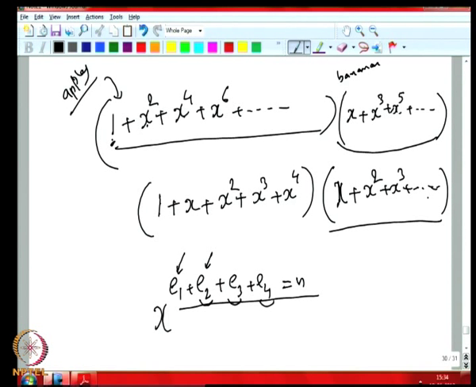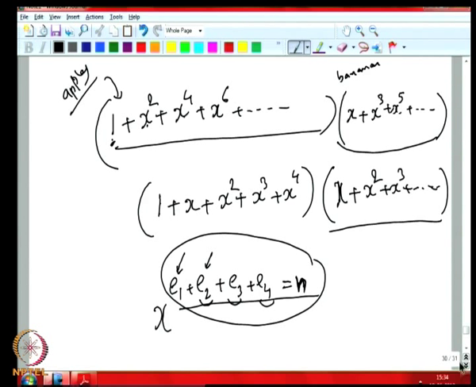This is the trick. How many ways you can form it will be easily obtained if we consider the coefficient of x raised to n in the product. This is the number of solutions of this equation which satisfies the required conditions, and to evaluate the coefficient of x raised to n, we can consider the closed forms and multiply and see whether we can get something. What will happen?